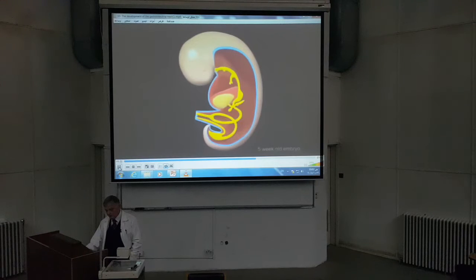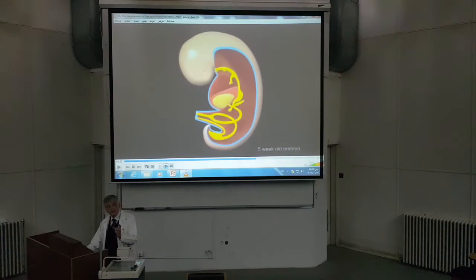Now when we come to the midgut, now it is beyond the point of entry of the common bile duct, and it is a loop and ends at the junction of the right two-thirds of the colon with the left one-third of the colon.